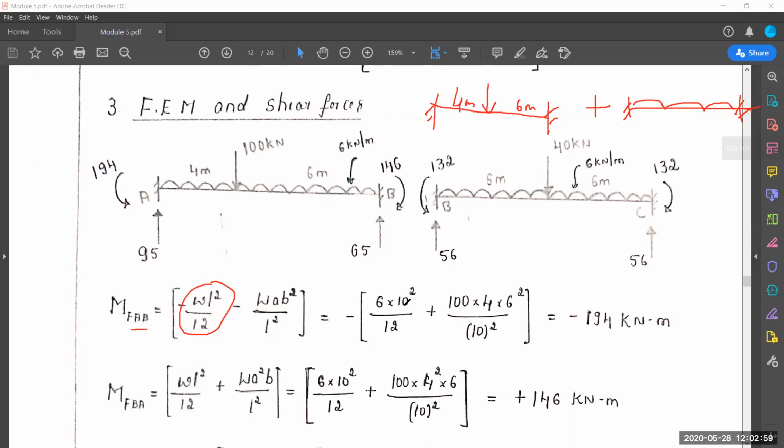You just substitute the values for the first span. MFAB, I have done the calculation. You just substitute the values and calculate. Since the point load and UDL are both available, two formulas are written. Based on the direction, the negative and positive sign is given. Okay, this is for the point load and this is for the UDL. Done.